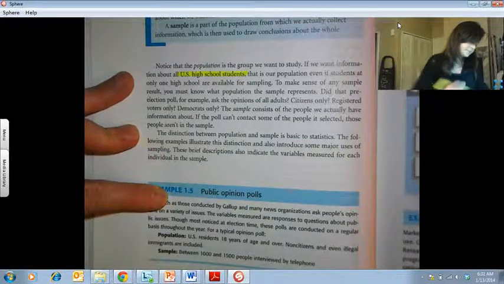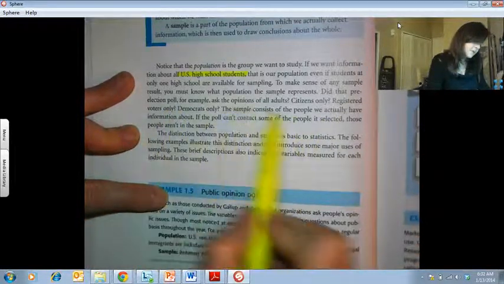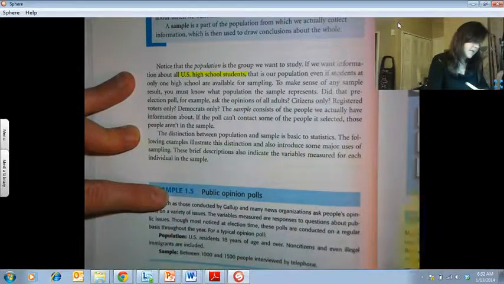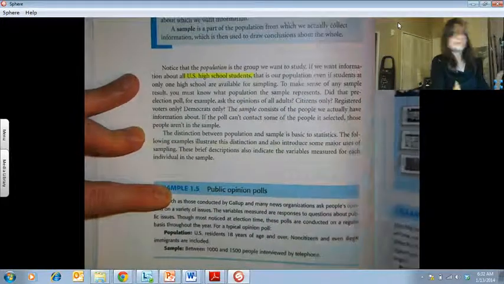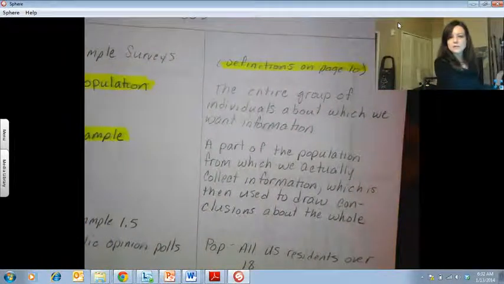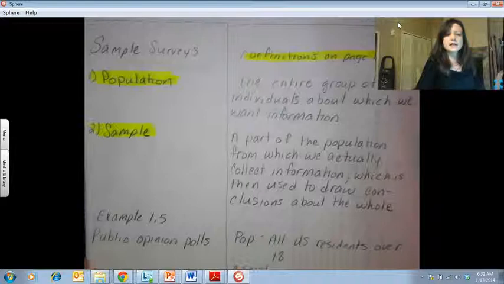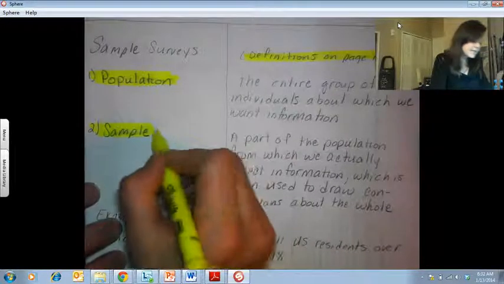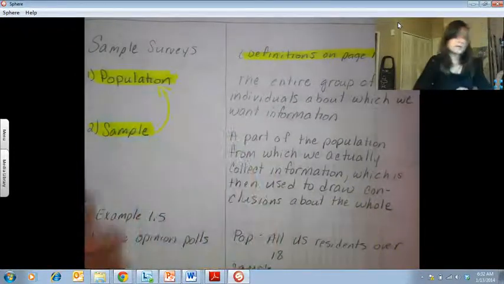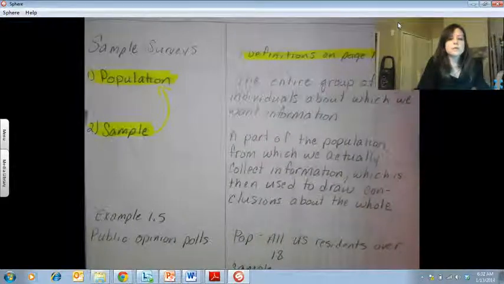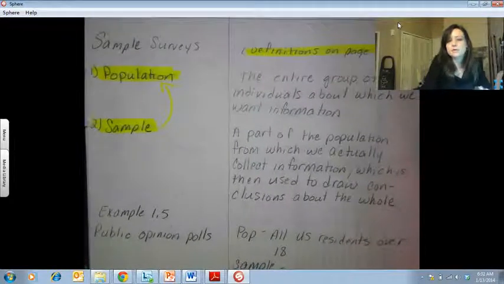You must know what population the sample represents. So when it's talking about the sample, even if you only have a sample from one high school, they're going to use that to represent the entire population. Now, is that fair? Is that going to give you an accurate reading? That's something we're going to get more into in the rest of Chapter 1, but for right now, it just wants you to realize what a sample survey is.